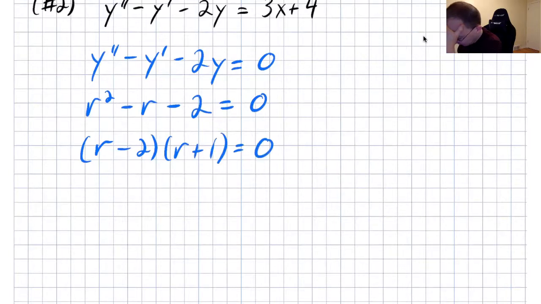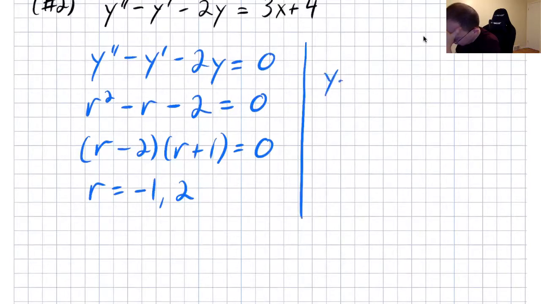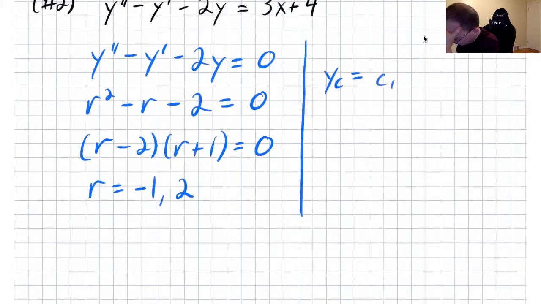Yeah, okay, I think that's it. So then the roots are going to be, I'll just put them in order, -1 and 2. And so therefore, the general solution of the homogeneous equation is going to be C1 e to the negative x plus C2 e to the 2x. And that's our general solution.